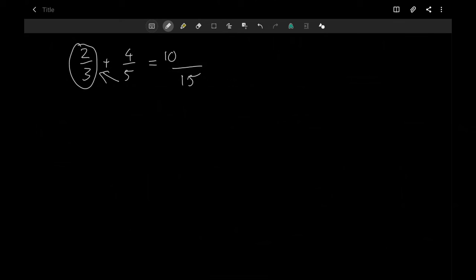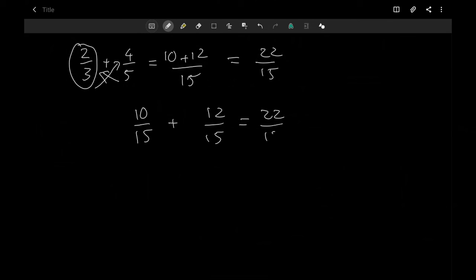That would give us 10 plus, we multiply the 3 with the 4, which is 12, and your answer would be 22 over 15. So instead of having to write 10 over 15 plus 12 over 15, we know that the denominators are the same, so we can just write it once instead of twice.